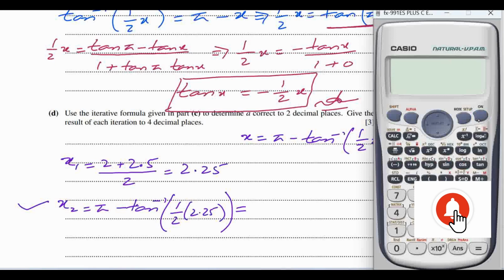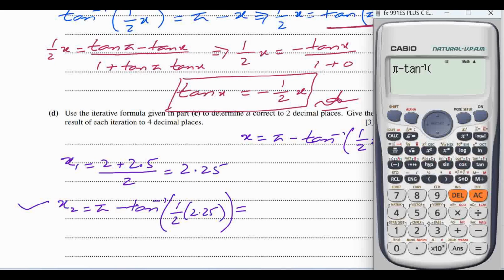First of all, we have to put the first value, that is 2.25. Okay, this is the answer. So shift pi minus shift tan inverse of 1 by 2 into, now here we have to write the answer.